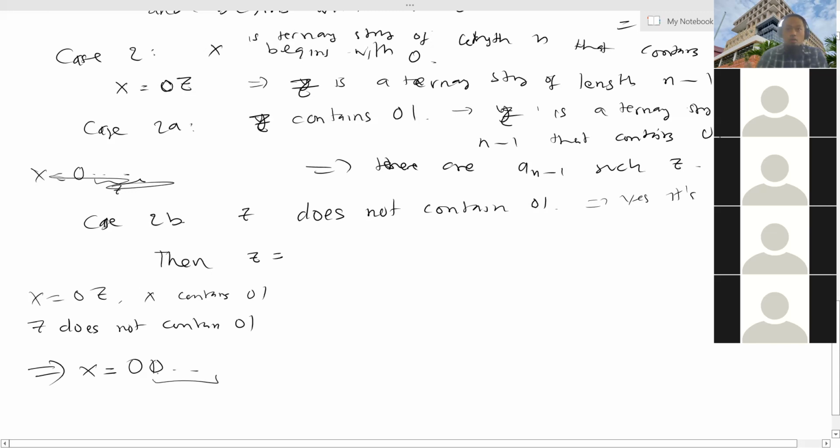Similarly, if X is 0, 2 something, we cannot have X in that case, because X must contain 0, 1.